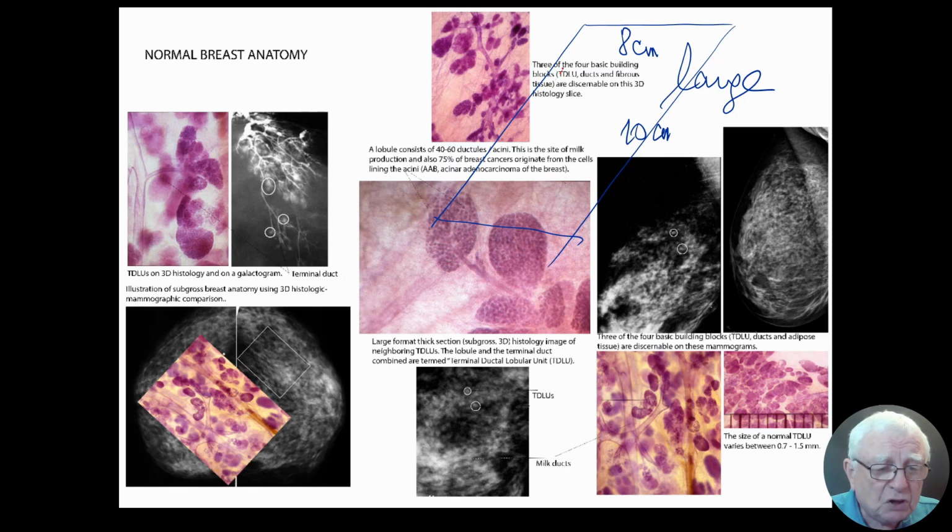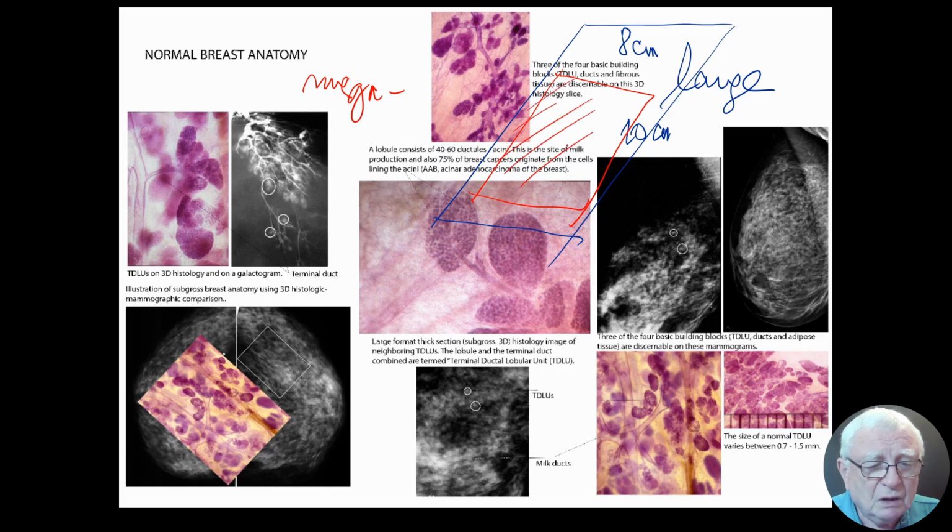Or it's much easier to implement the so-called mega cassette. Every modern pathology institute should have it, and say goodbye to the small section histology, because you cannot compare with this one. This is 7.5 by 4.5 centimeter mega cassette.